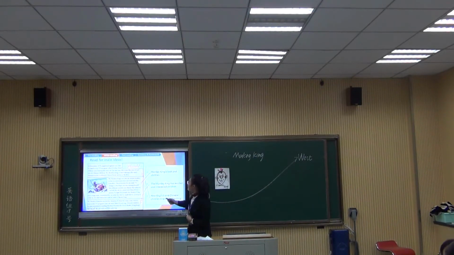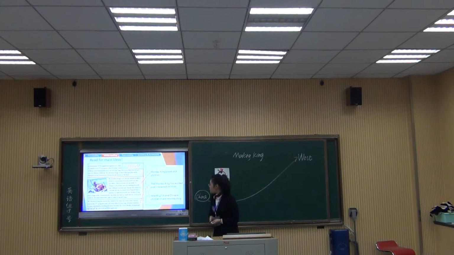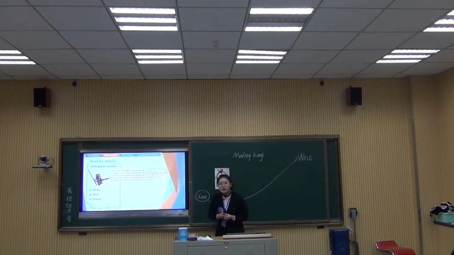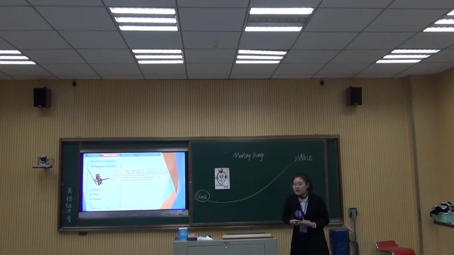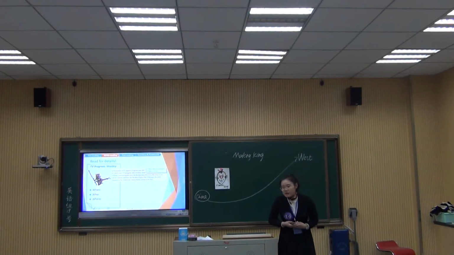So after we know the main idea of each paragraph, okay, let's start our detailed reading from paragraph 1. We already know that we Chinese children know Monkey King from the traditional Chinese book, right? But what about the foreign learners? Remember the questions? Let's read in detail to find out, okay?